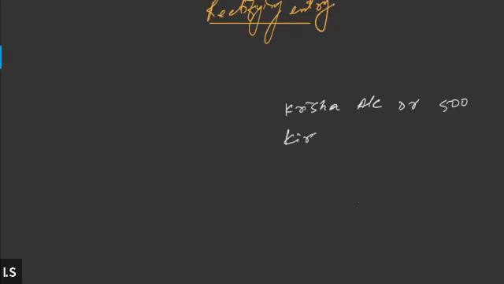The Krishna account will again be credited by 500. We don't know which account should be debited now, so we will debit the suspense account. So this will be our correct journal entry.